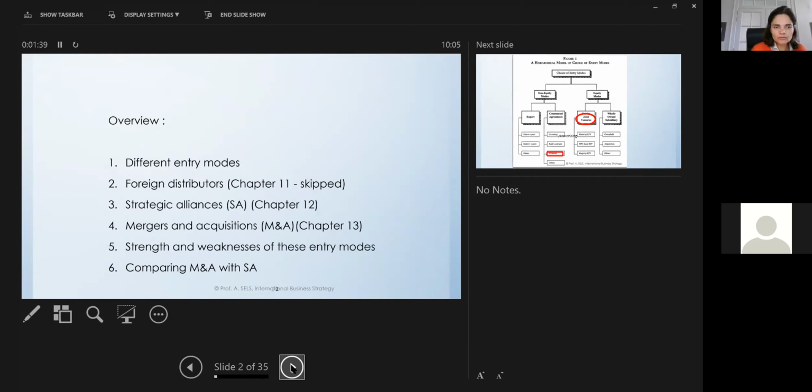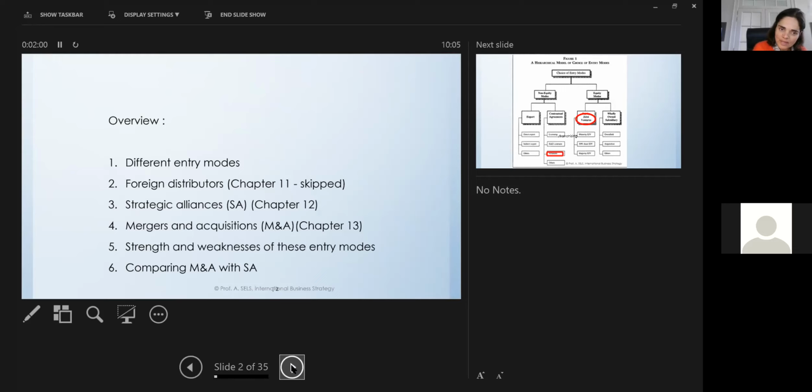And then we will also compare some strengths and weaknesses of the entry modes, because it's important that when you motivate a certain way that the company will enter the new geographical market, that you know why, right? And that you can say, okay, these are the advantages of choosing that one, and there are also some weaknesses, right?